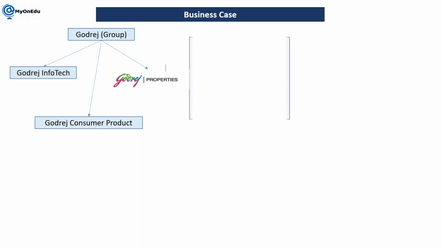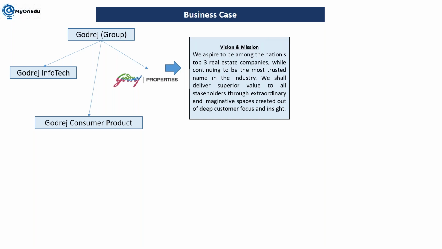Godrej Properties has its own vision and mission at company level. What are they saying? We aspire to be among the nation's top three real estate companies, while continuing to be the most trusted name in the industry. We shall deliver superior value to all stakeholders through extraordinary and imaginative spaces created out of deep customer focus and insight.